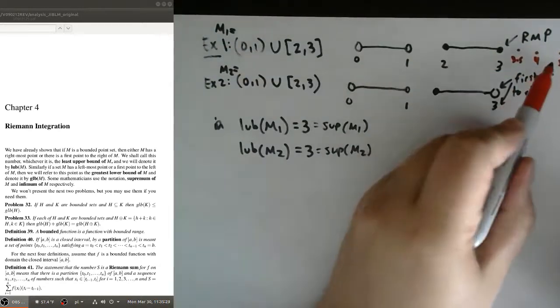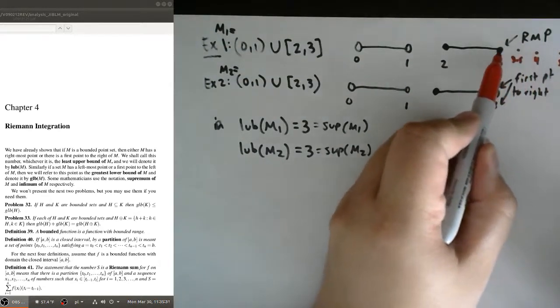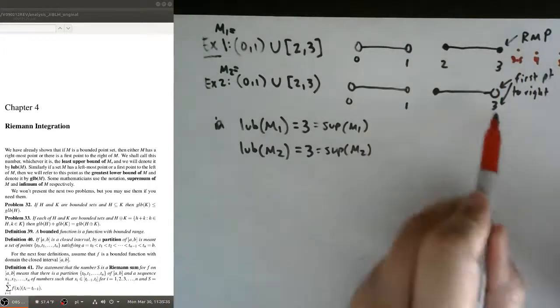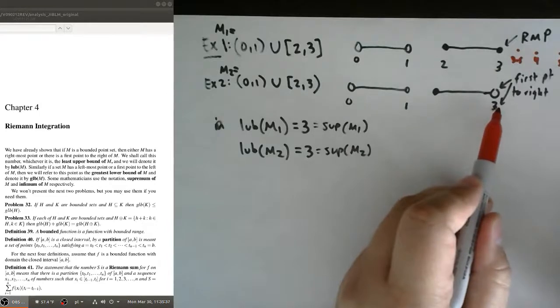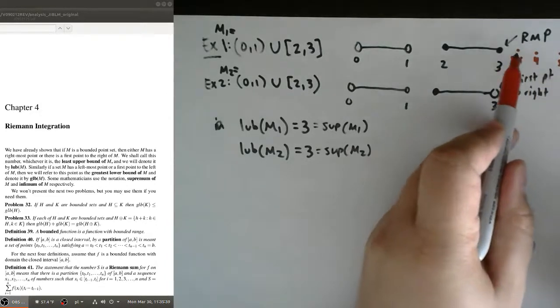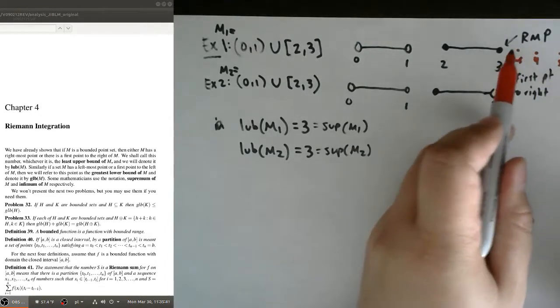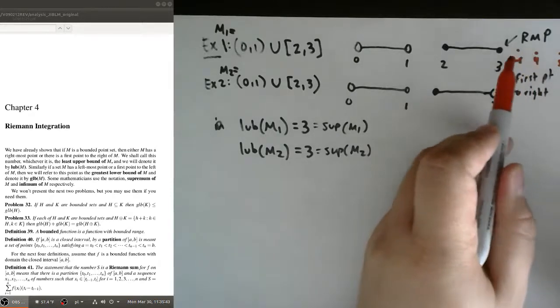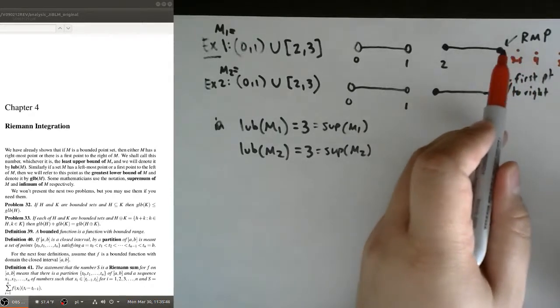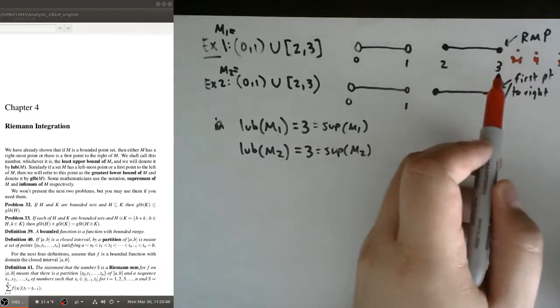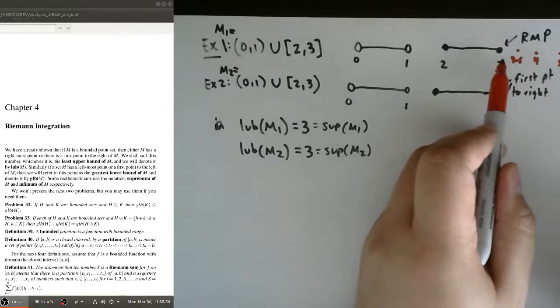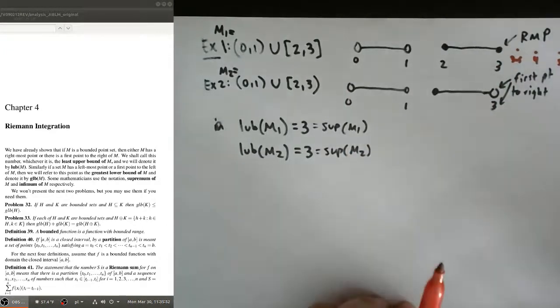And you're finding the smallest of those red points, the minimum. Maybe the minimum, maybe not. In the case of a first point to the right, it is the minimum. But in the case here, there is no minimum, no smallest red point, no smallest upper bound. But 3 is an upper bound, so it would be the smallest of all upper bounds of that set.